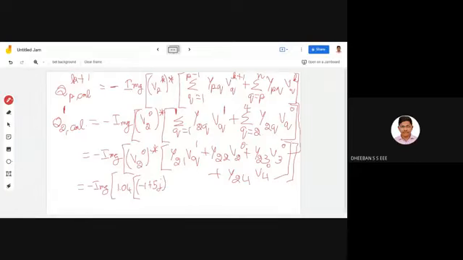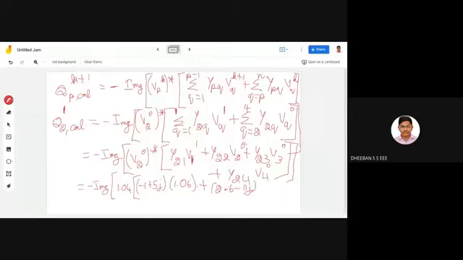In the calculator you can directly use this value. Here V1 is 1, as this is the slack bus, so into 1.06, plus your y22 value, which is 2.6 minus 11j.